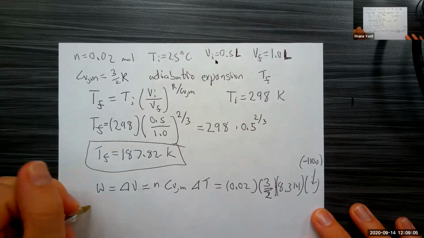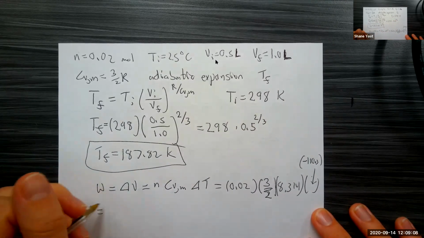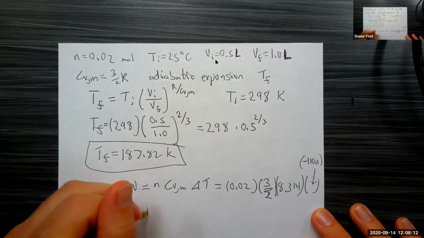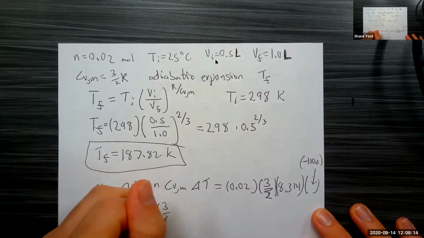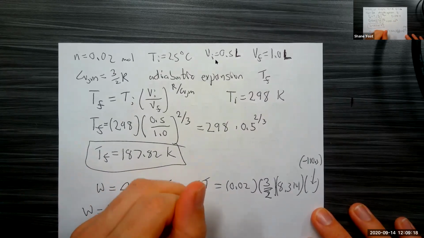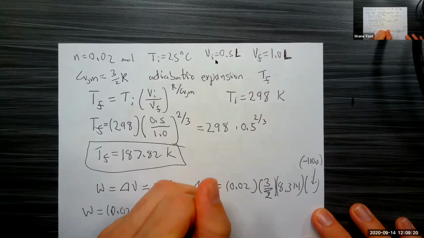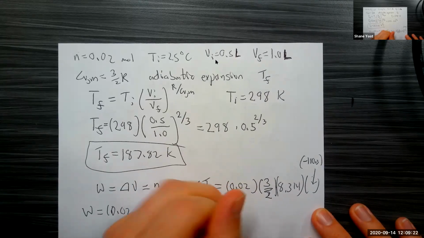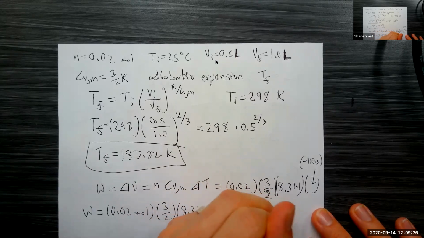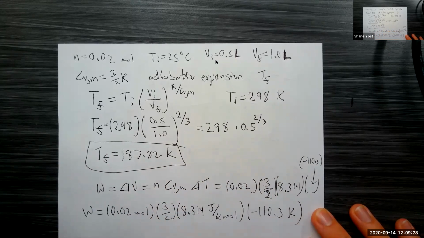So I'm going to write that again just so I have more space. 0.02 moles. Now we can put units to remind ourselves: times 3/2 times 8.314 joules per Kelvin mole times negative 110.3 Kelvin.